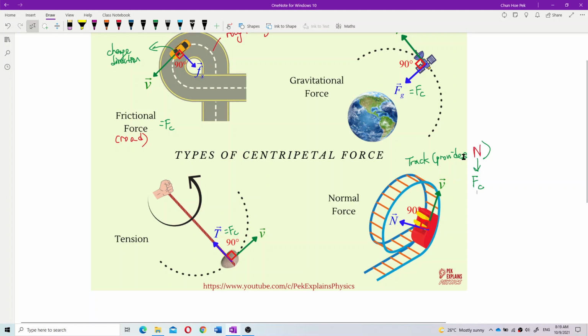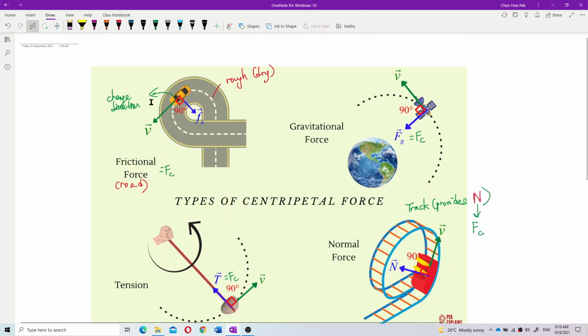This normal force becomes the centripetal force for the roller coaster car to move in a circle. Without the normal force from the track, the car is not able to move in a loop, because it is this normal force that becomes the centripetal force to change the direction of the velocity into a circular motion.